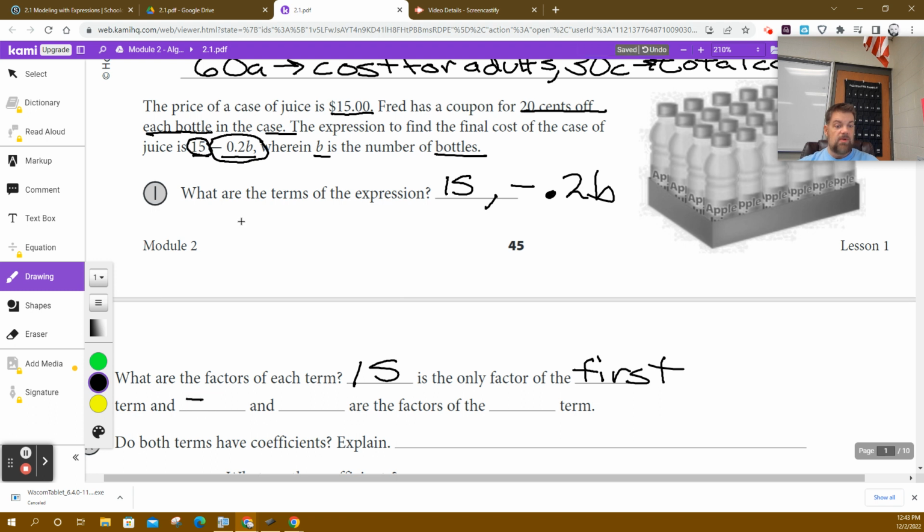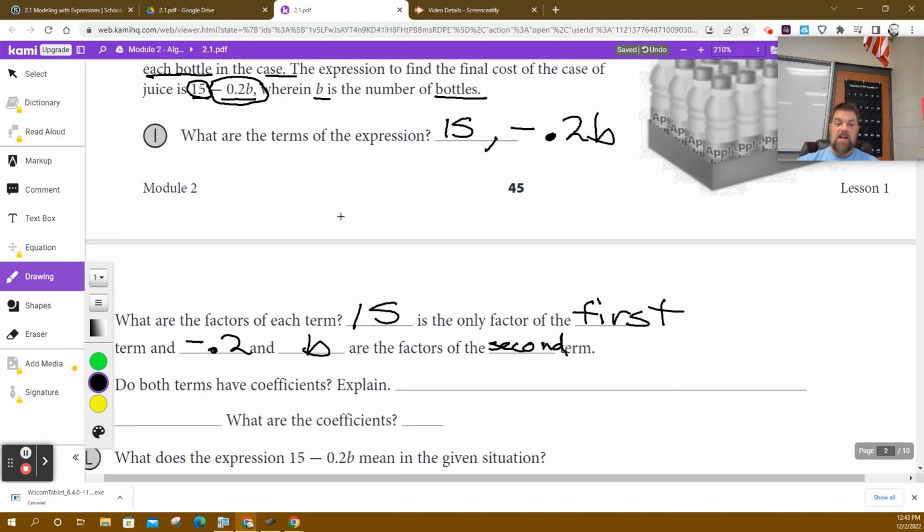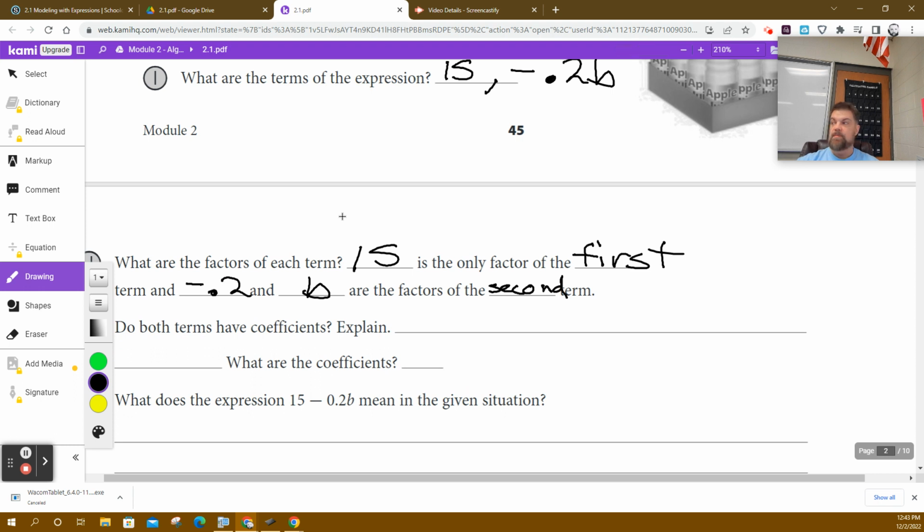And negative 0.2 and B are the factors for the second term. And by the way, you guys should be writing this down because you're going to hand this in for a grade.